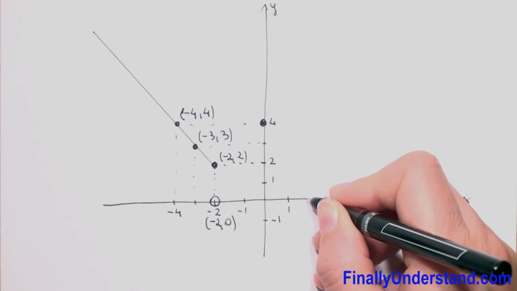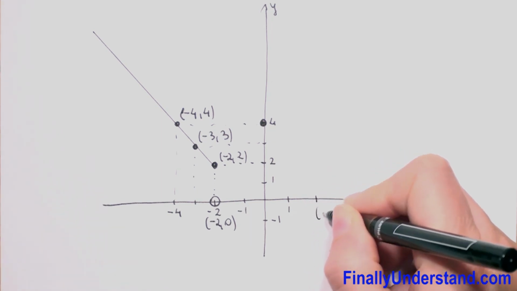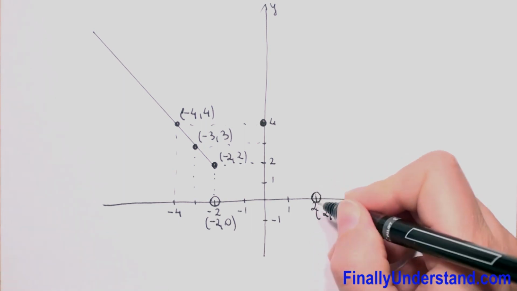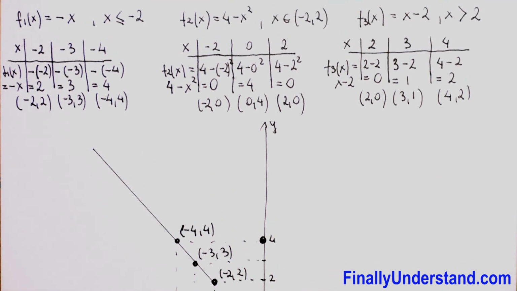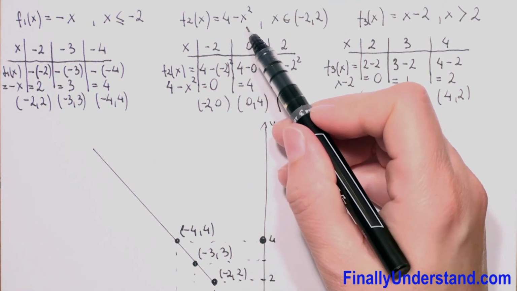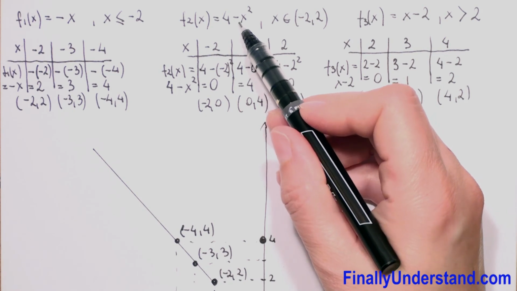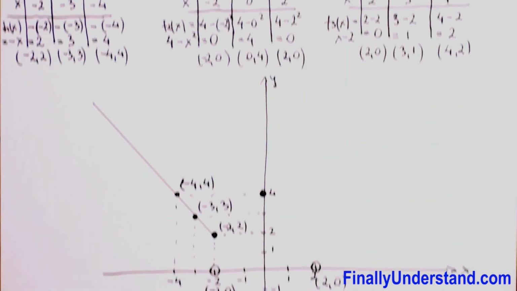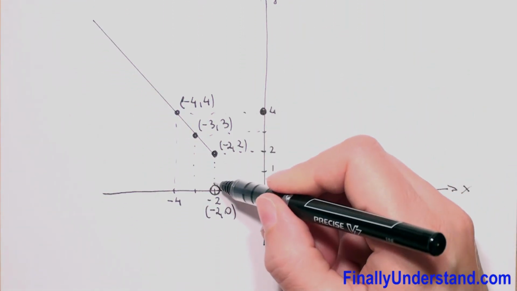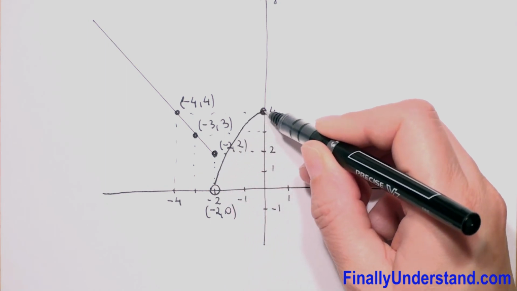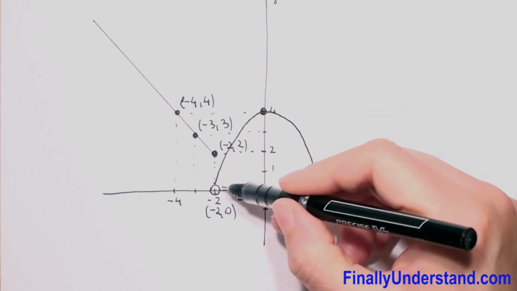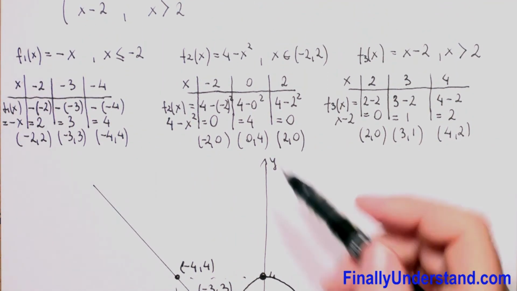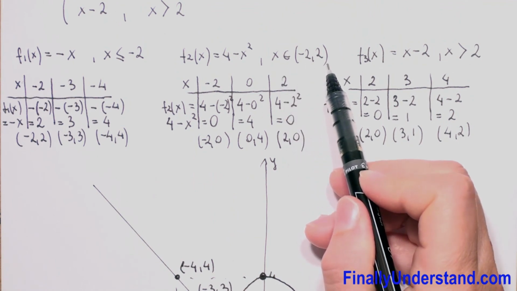Our second function is 4 minus x squared, so the graph will be a parabola opening down, because we have a negative coefficient before x squared. This parabola is symmetrical about the y-axis. We have to draw only this part because the domain for this function is the interval from -2 to 2.